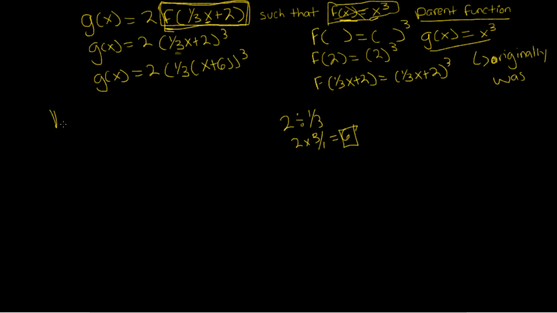So let's look at the vertical stretch or compression, which is just equal to this term, which is 2. The horizontal stretch or compression is actually the inverse of k, because k is confusing.